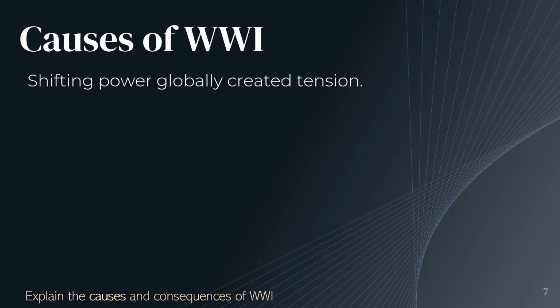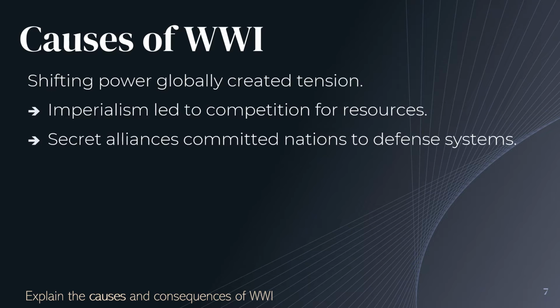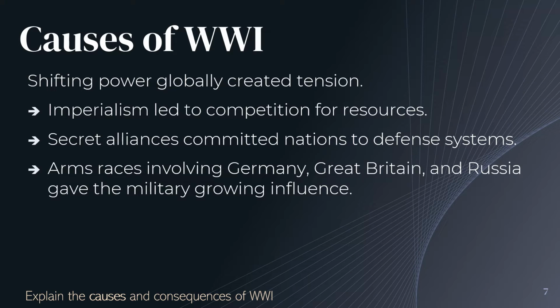We've got shifting global power, imperialism, competition. We've got secret alliances going on. We've got arms races. Germany, Great Britain, Russia, all trying to build up their military. And if you think about this and how it works with imperialism, if you control a territory, you're going to have some amount of power to be able to keep that territory.